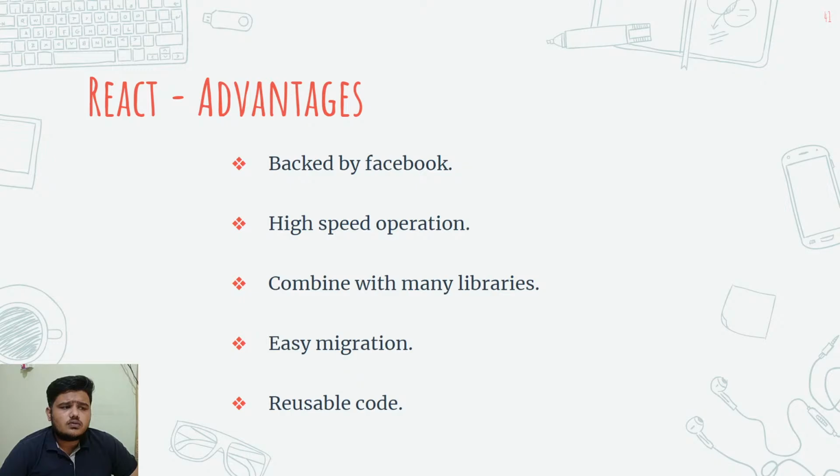So now we understood what exactly React is, right? Who made it, and we also checked the advantages that React provides us. So now let's see when to use React, right?